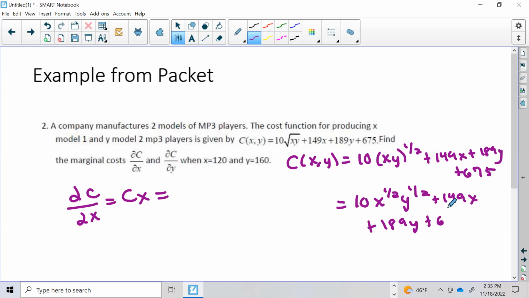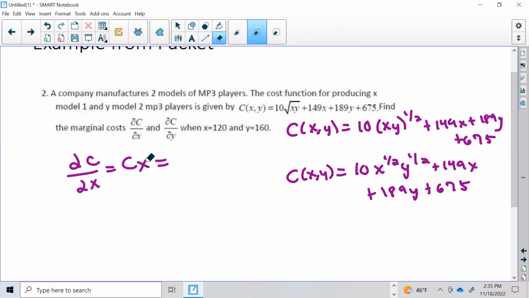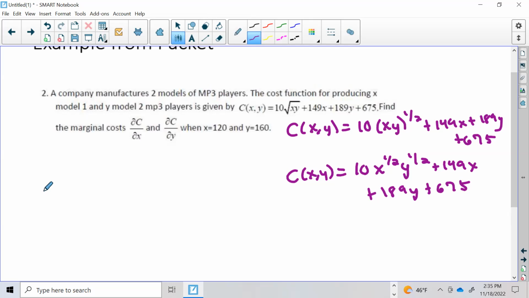Now I didn't take the derivative, so this still is C. Don't write it as C sub x or delta C over delta x until you're actually taking the derivative. So x is a variable, y is a constant.